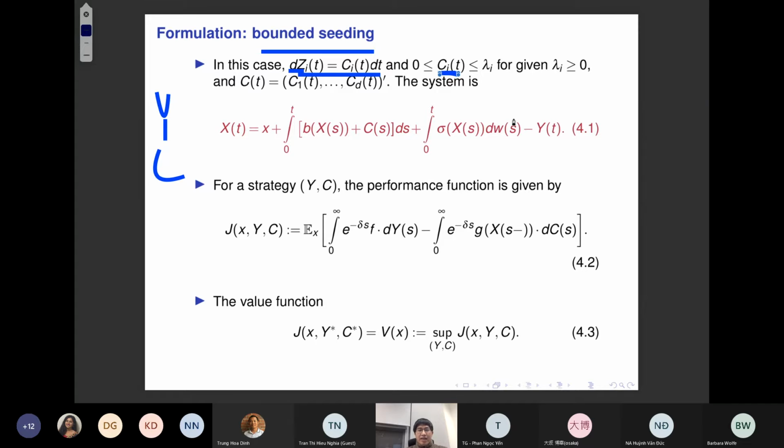In this case, we are able to combine Z and the drift components, and we just have one regular control C and the other one singular control Y. So we revise the performance function and the value function. This problem we are able to solve by using the same methods as we used for the previous formulation.